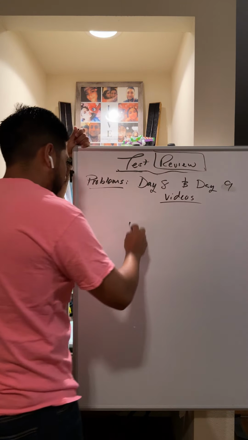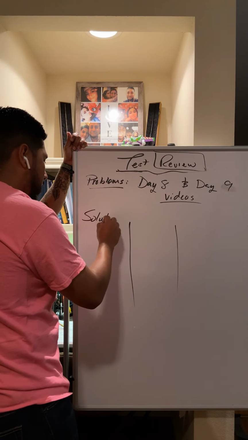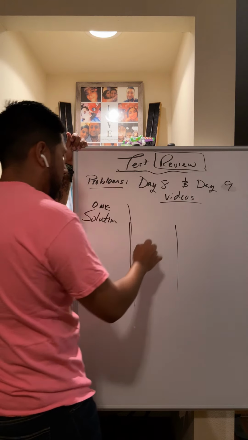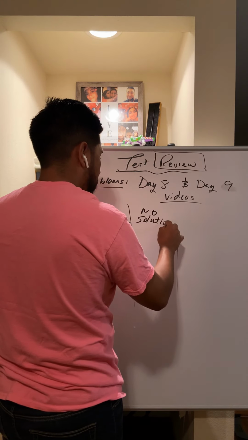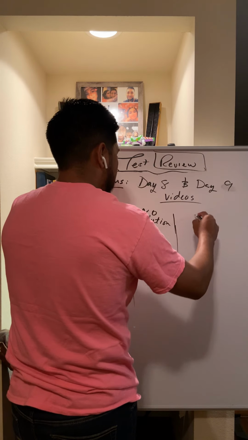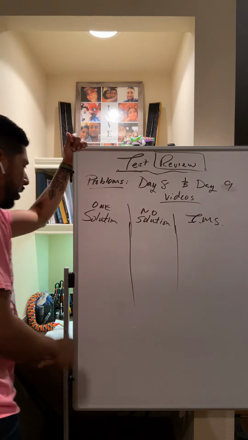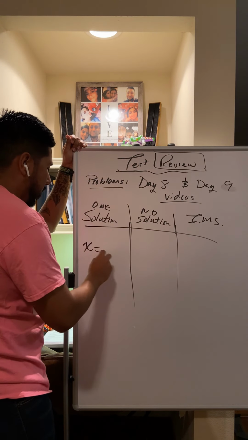All I have to talk about is the 3 parts: one solution, no solution, and IMS, infinitely many solutions. Everybody did a great job. One solution is x equals a number.